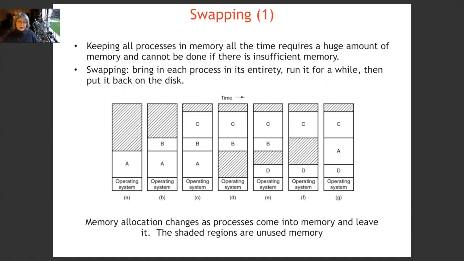Because it is neighbor to this free area, when process B is removed, the free area should be combined with the neighboring free area. When the free areas are combined, then, for example, if process A is submitted to the system, it can be loaded into this free area.